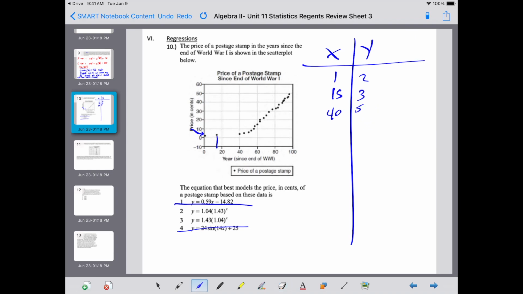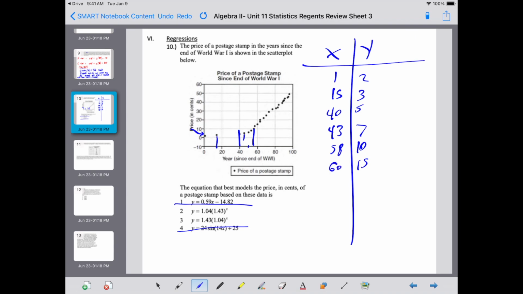And again, you're estimating, so it's not going to be perfect. 43, 7, 58, 10. And you don't have to put every point, just put a bunch.